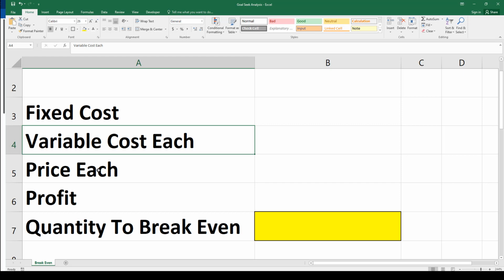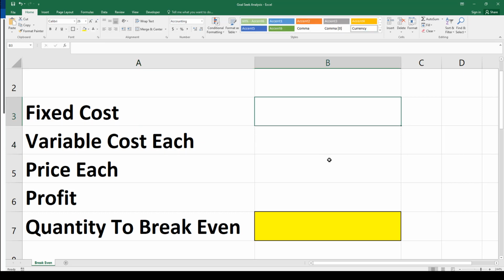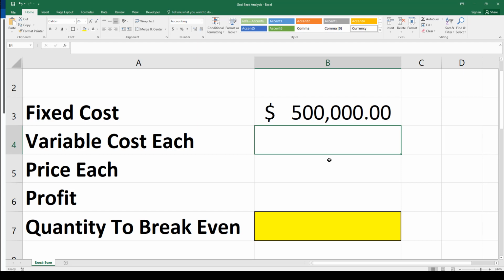So we're going to go through here with an example. Let's say that I've got $500,000 for a factory. Now that's a pretty cheap factory, but it's a nice and simple number for us to work with. And let's say that I am making an iPhone accessory, okay? And it cost me $6.50 to make that accessory.